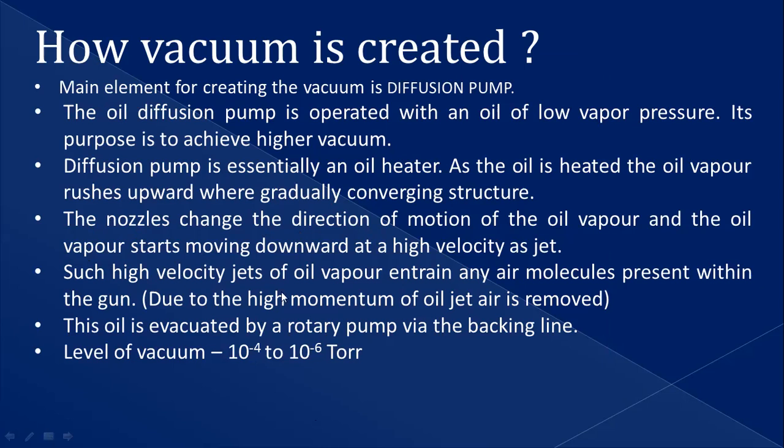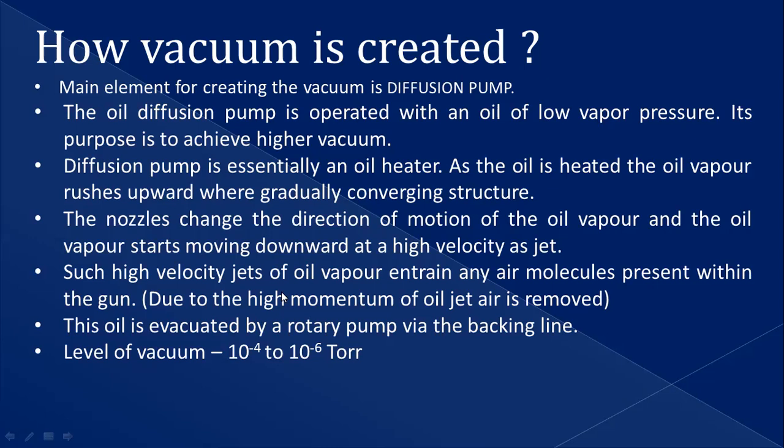Whenever these oil vapors are placed towards the nozzle, the nozzle increases the velocity, so it forms a high velocity jet of oil vapor. Such high velocity jets of oil vapor interact with the air molecules present in that chamber, and they get evacuated by the rotary backup pump.